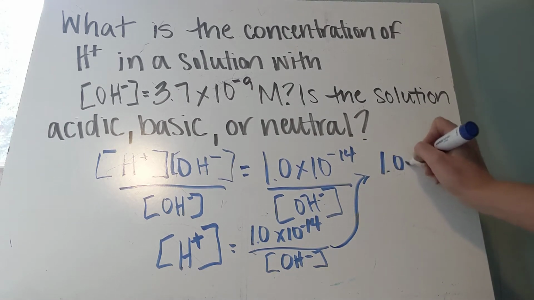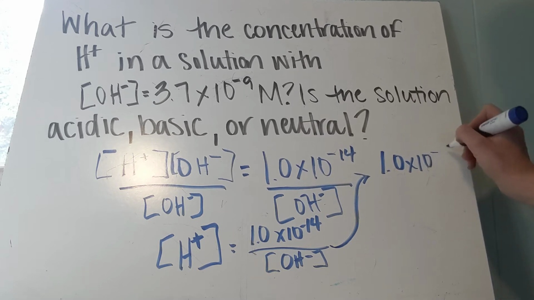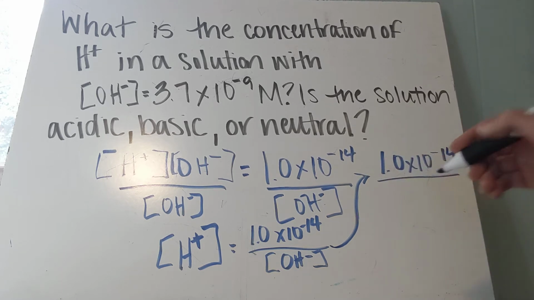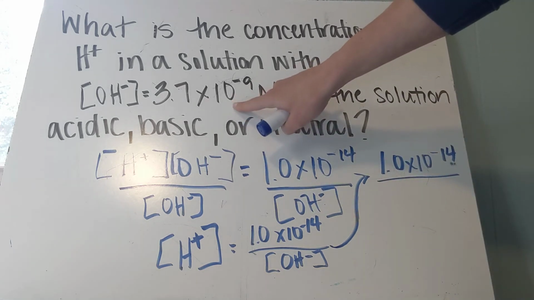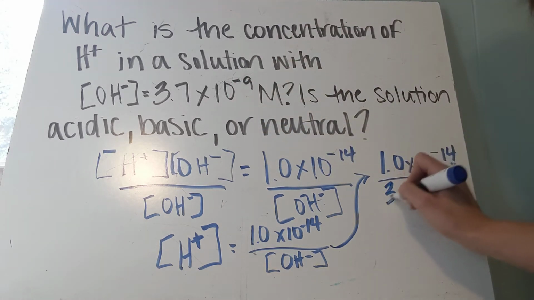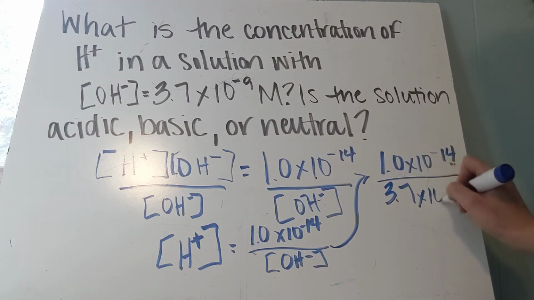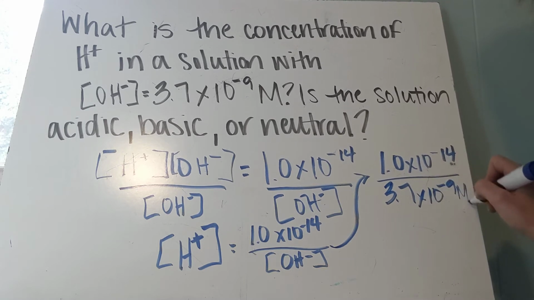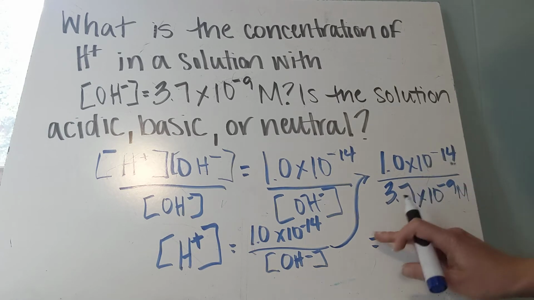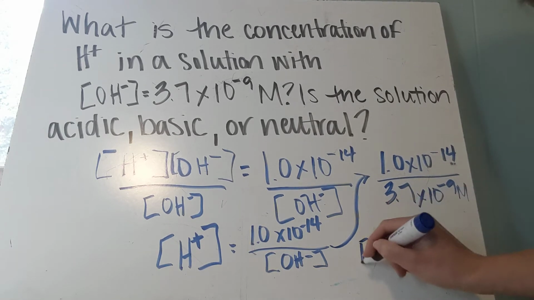So I've got 1.0 times 10 to the negative 14th divided by 3.7 times 10 to the negative 9th, and that's going to be equal to my H plus ion concentration.